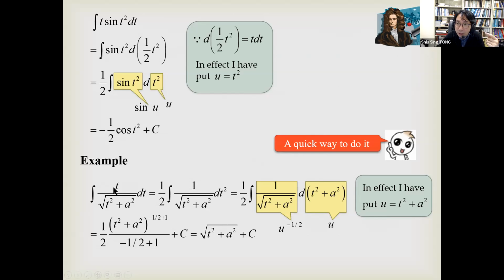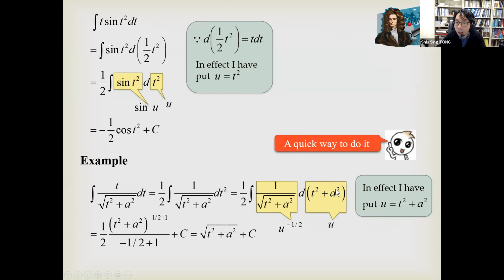By moving this t into the differential, I change the integration variable to t squared. I do that because I noticed that this t squared matches the t squared inside the square root. And I can also add a constant a squared in the differential, because the derivative of a constant is 0, so it doesn't change anything.